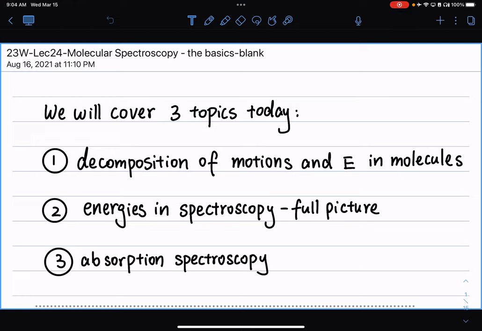Because spectroscopy, you can imagine as our eye to see the molecules in a microscopic setting. And after talking about each individual energy in a molecule, we'll look at the full picture, which means what is the reality? What is the full spectroscopy picture we have? And depending on the time, we'll see if we have time to go over traditional optical absorption spectroscopy.